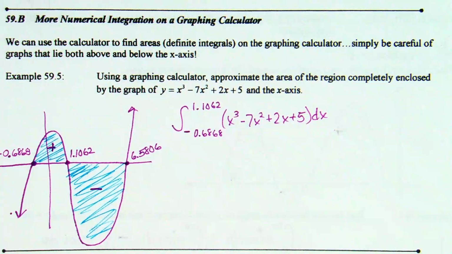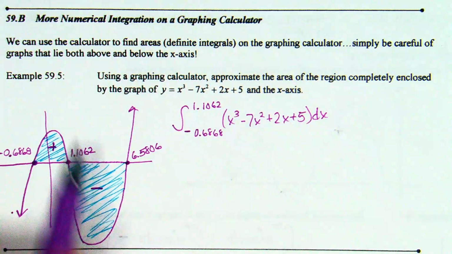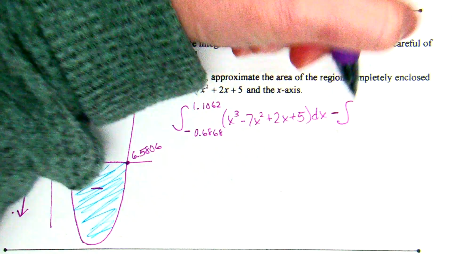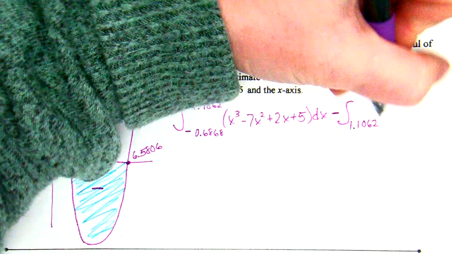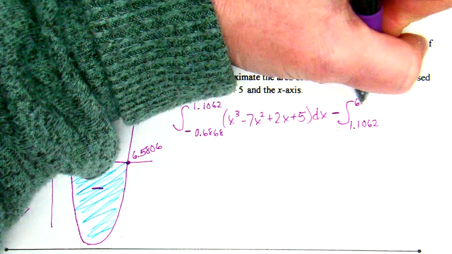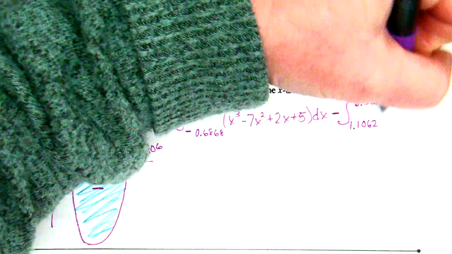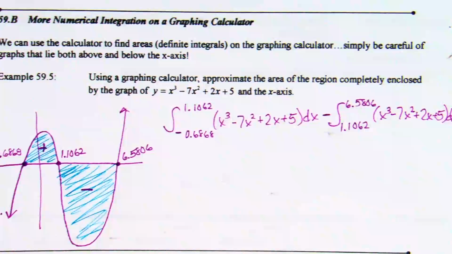And then what's my second integral? It's going to be a negative, so we're going to have to subtract it to counteract that. The integral from the 1 number to the 6 number, right? 1.1062 to 6.5806 of x cubed minus 7x squared plus 2x plus 5 dx.